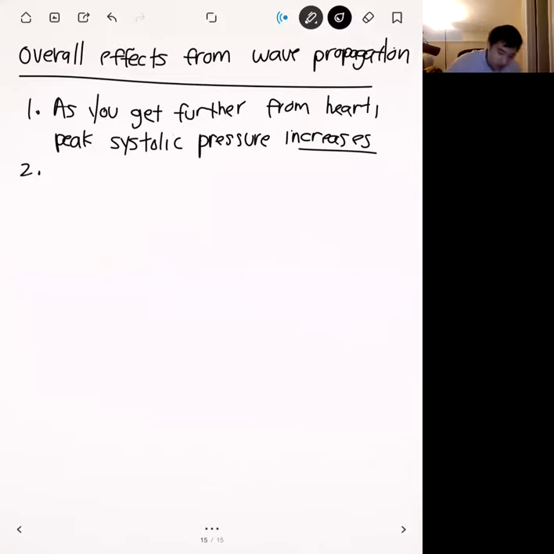as you get further away from the heart, the peak systolic pressure will be delayed relative to areas closer to the heart.